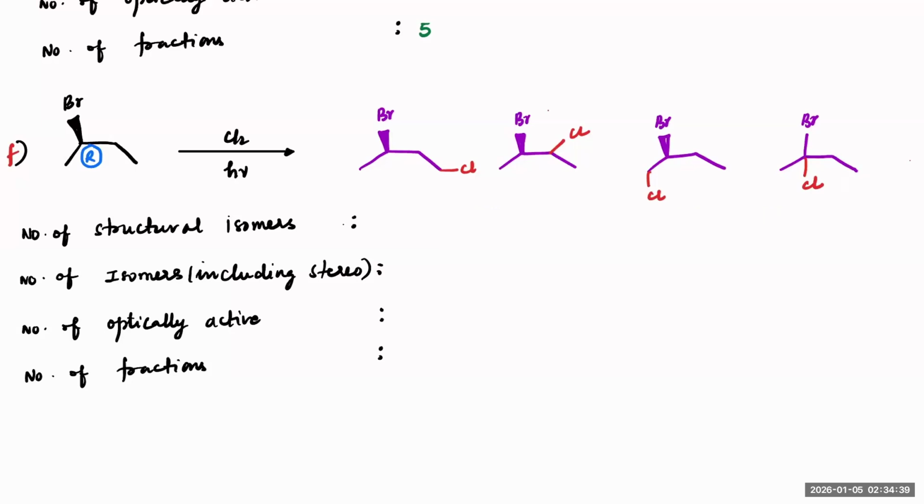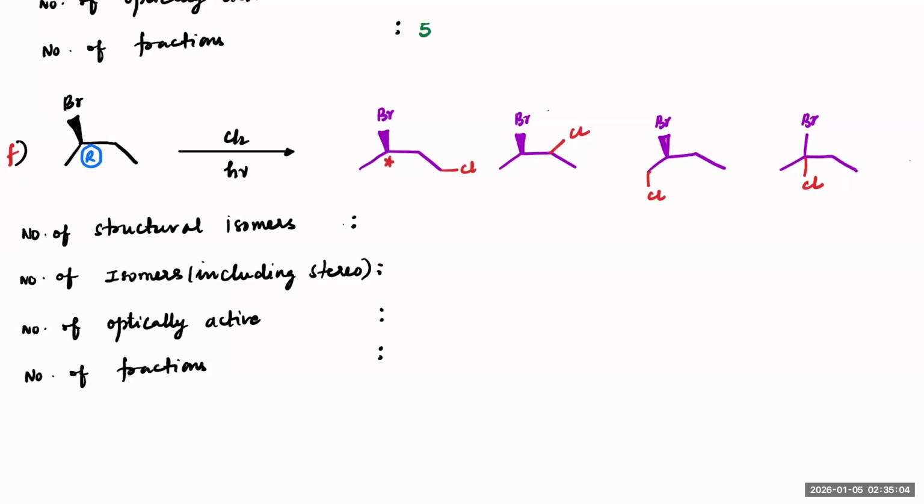It will remain R. So here it will remain R, it will remain R, R like this. Correct? Not R, basically, R is not a correct word to use there. I meant the configuration will be there. There will be some configuration which is fixed. It will not change.